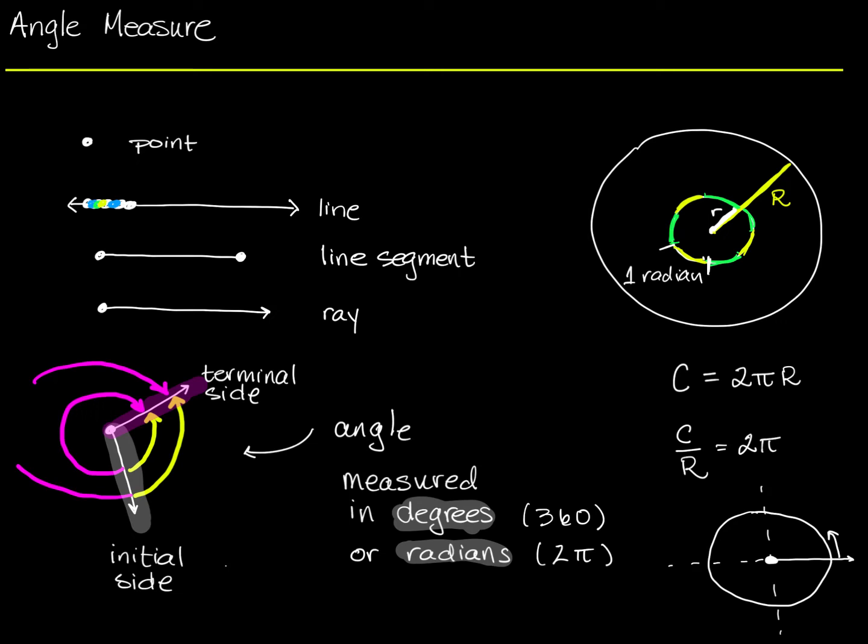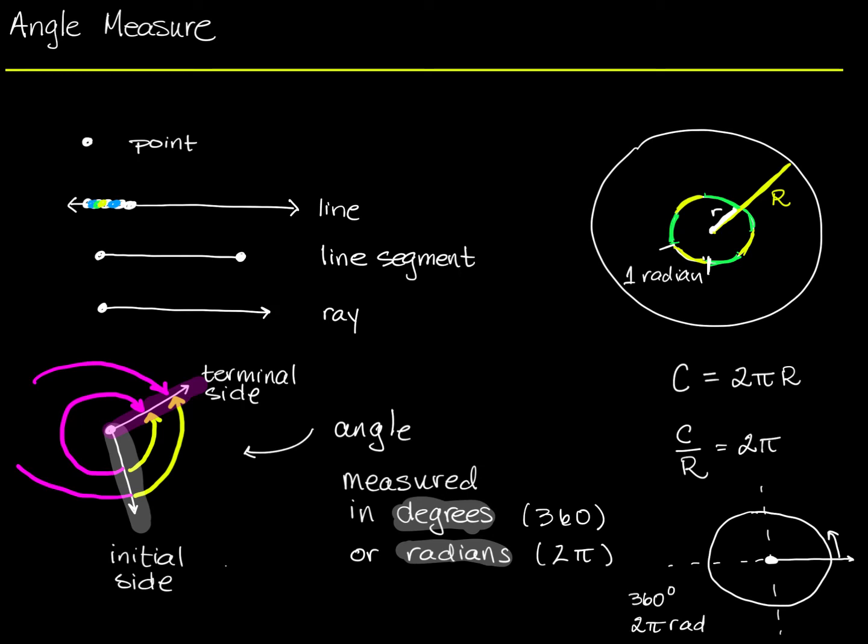Now, if I start here and go in this direction, then if I go all the way around the circle, because imagine I'm standing here and just turning my body so that I'm looking at this point and then looking at this point and then looking at this point and so on, I will have turned my body 360 degrees, or 2 pi radians.